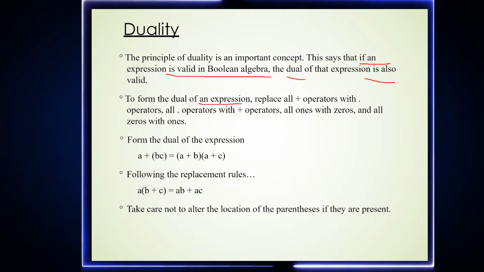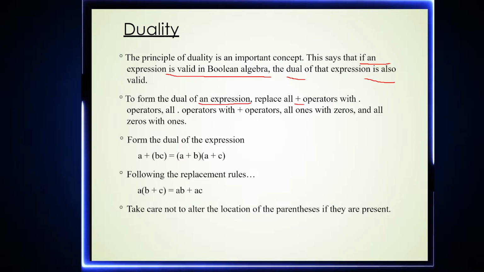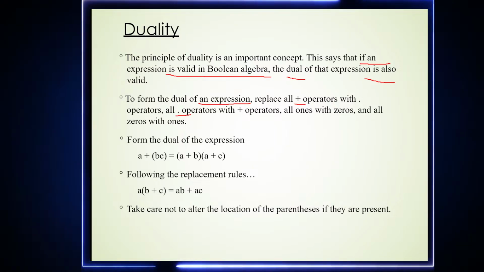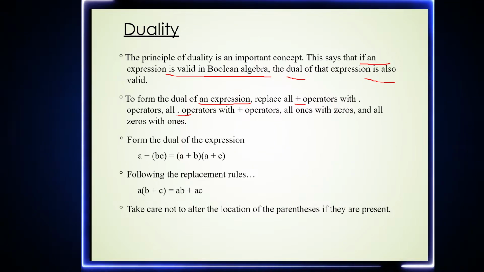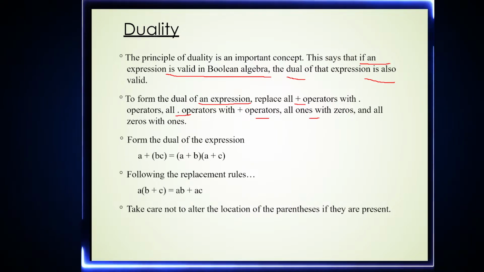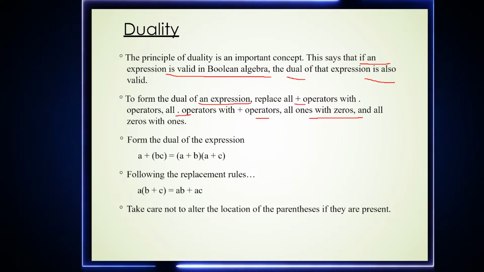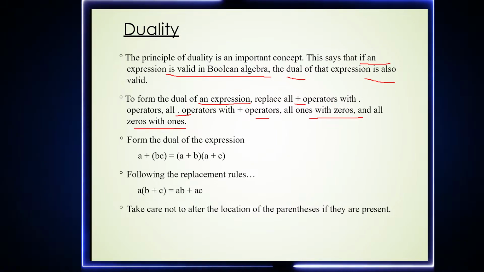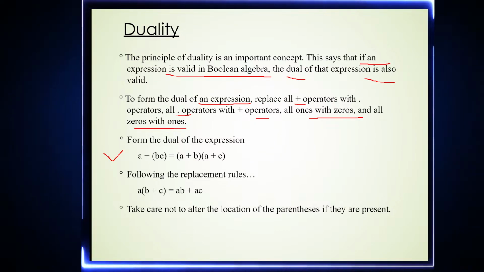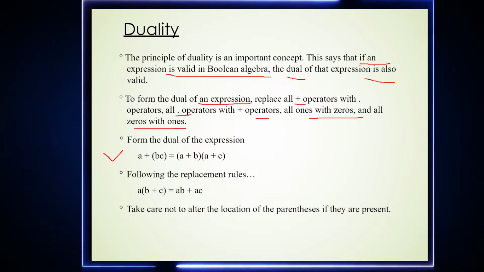To form the dual of an expression, replace all plus operators with dot operators, all dot operators with plus operators, all ones with zeros, and all zeros with ones. This might be a little confusing, so I'll take an example.